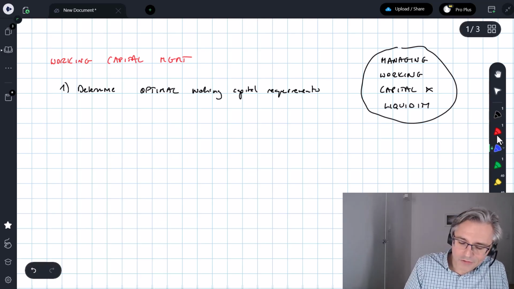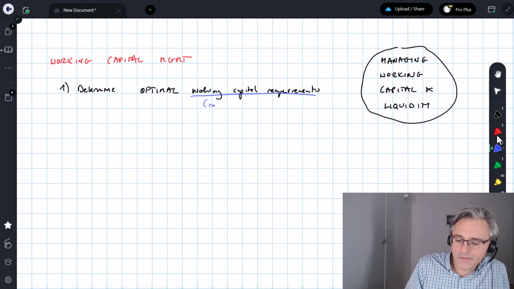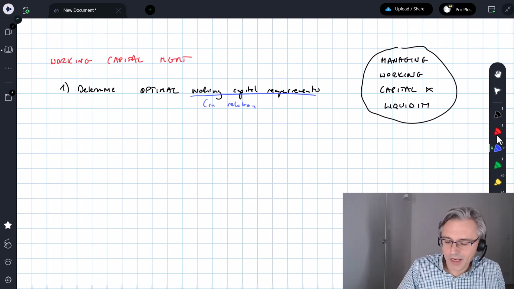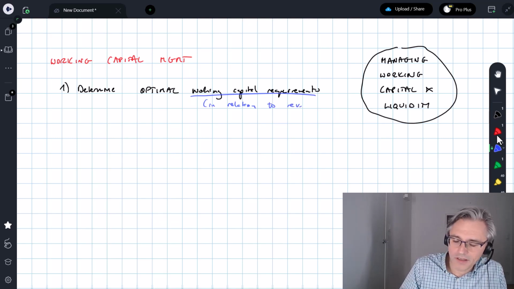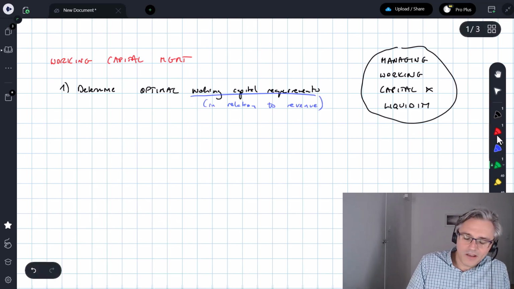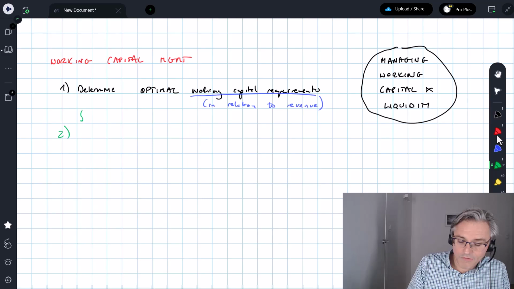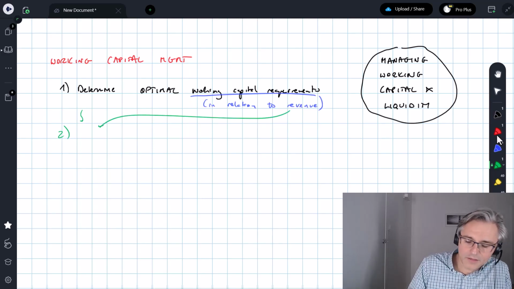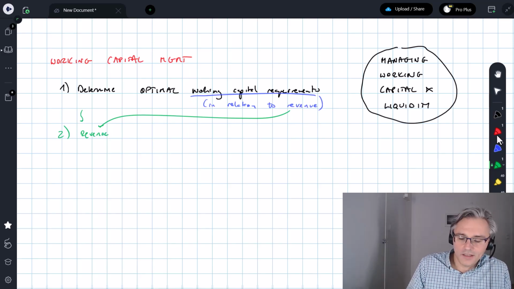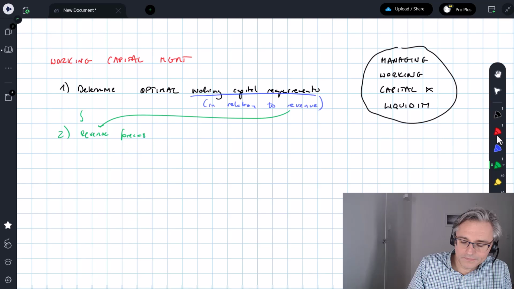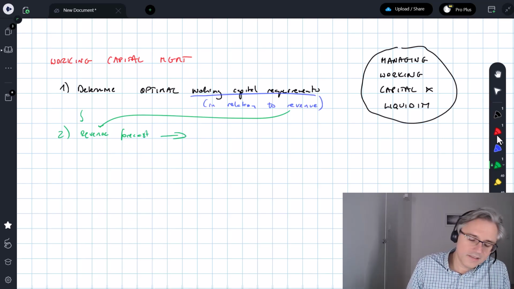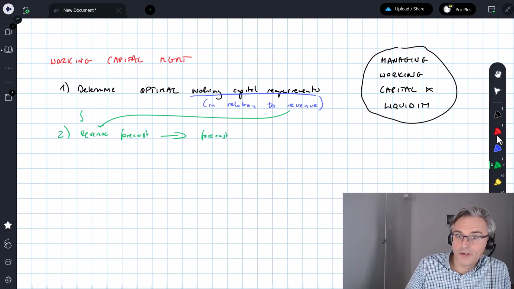How much working capital we need should typically be stated in relation to the size of the business. So in relation to how much business we're doing, probably in relation to revenue, and then obviously create revenue forecasts, because if revenue is the primary driver of working capital needs, forecast your revenue. And as a result, you'll be able to forecast your working capital requirements.